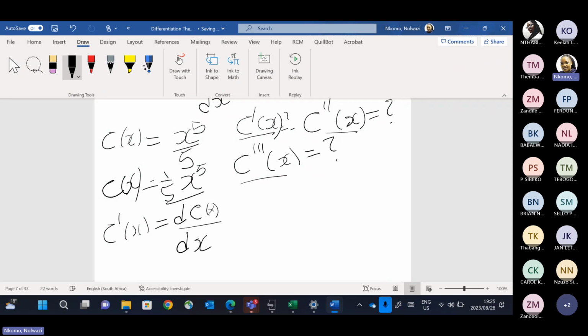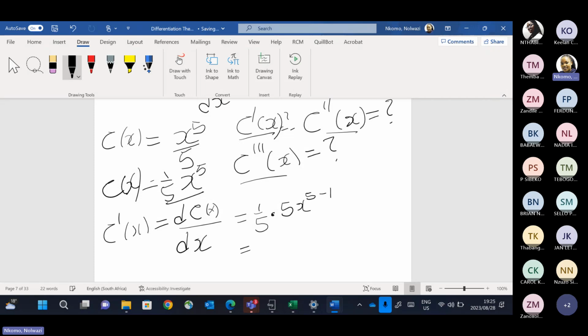You see, our c at x is 1 over 5 x to the power 5. Here it's simple, we need to apply the power rule, right? And if we apply the power rule here, we will have 1 over 5 times 5 x to the power 5 minus 1, right?